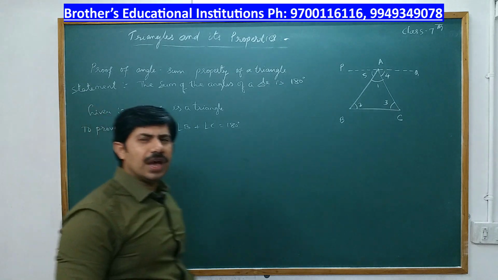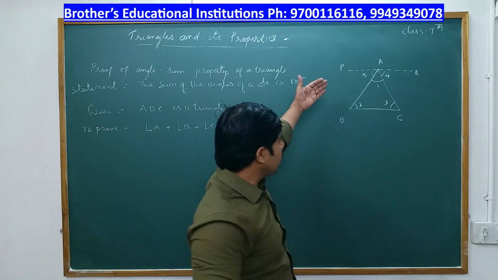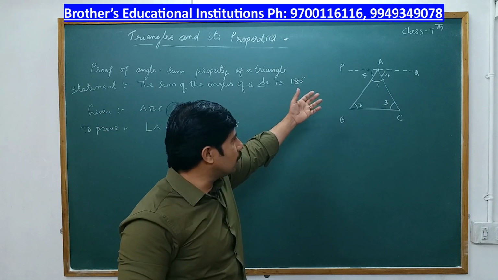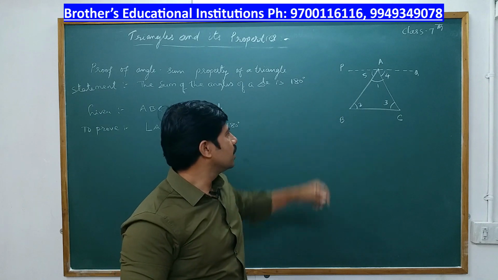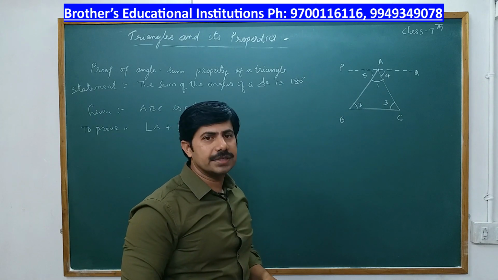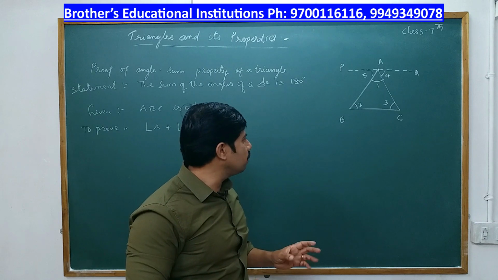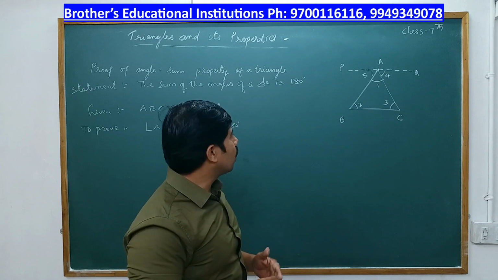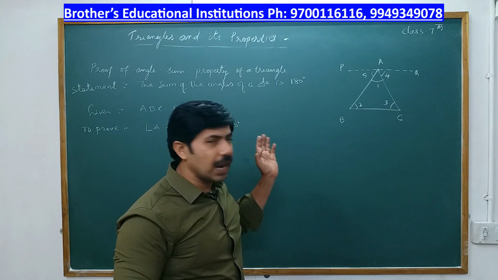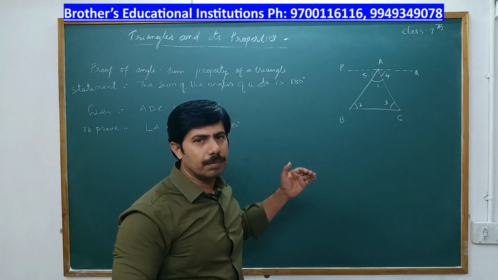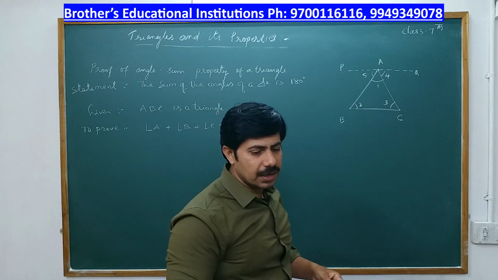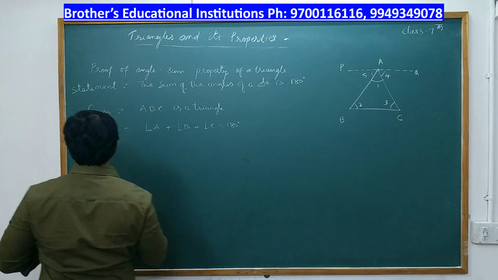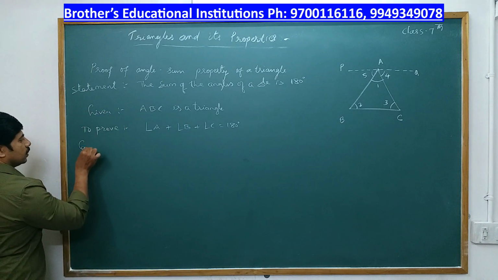So here we have a construction, because clearly it is seen on the board we have some dotted lines. That dotted line indicates that to prove angle A plus angle B plus angle C is 180 degrees, what we do is, through A we draw a line PQ parallel to BC. So that comes under construction. Okay, so that construction part also we represent.